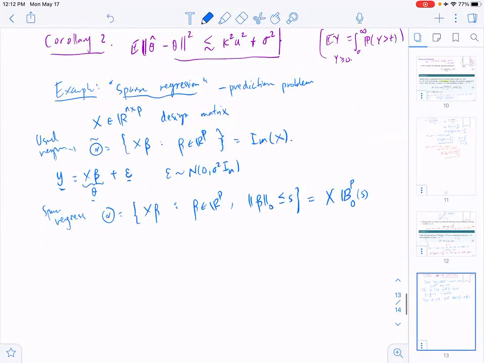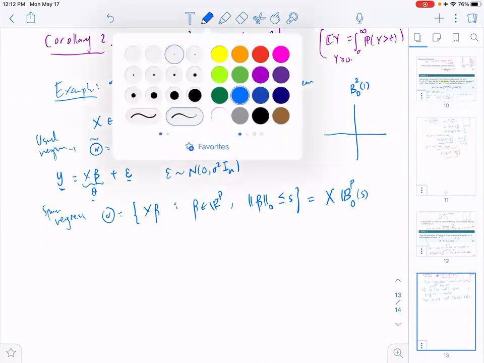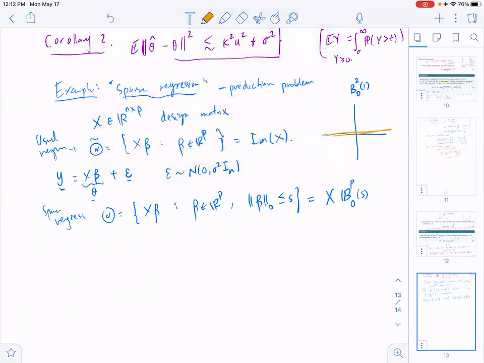So if you think of B0 of 2 and 1, this is just the L0 ball of radius 1, where one coordinate is non-zero, in R2, the union of these two axes.